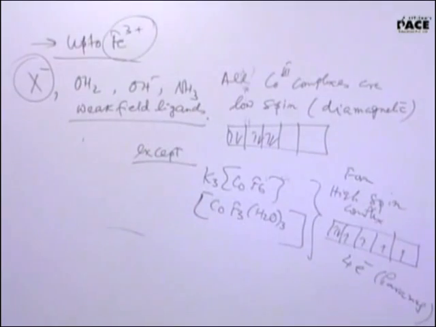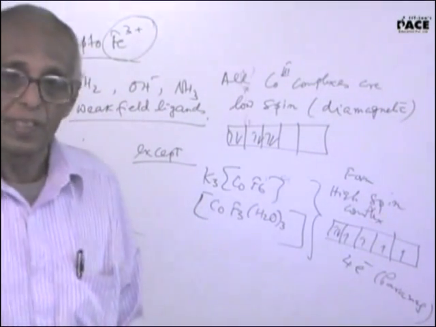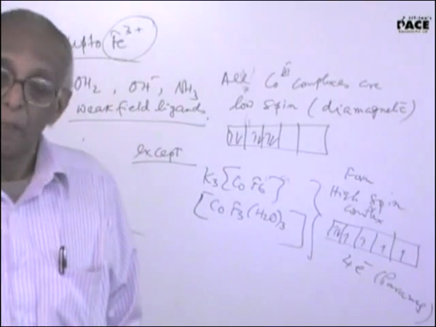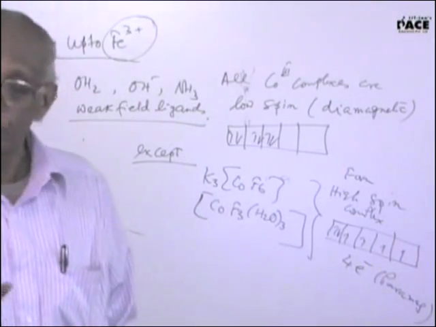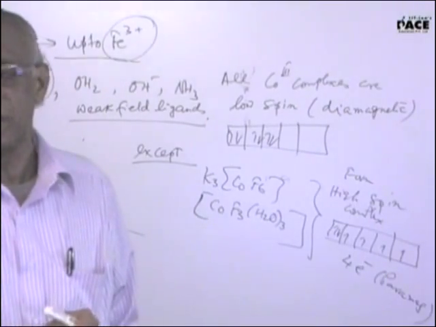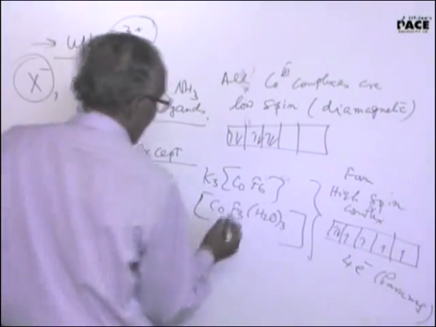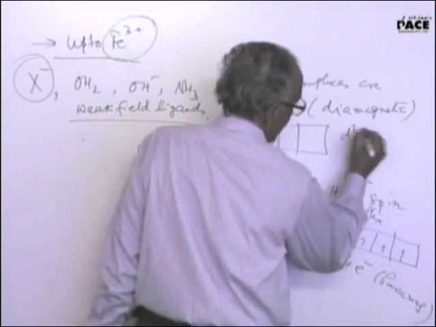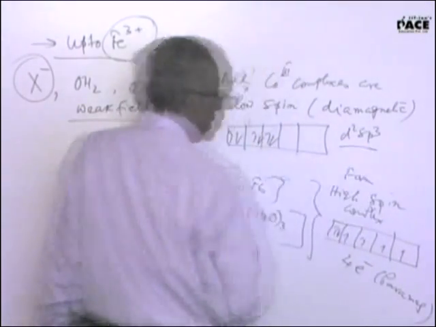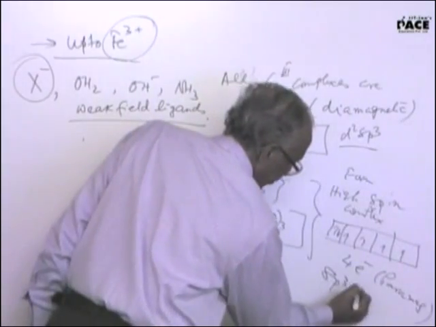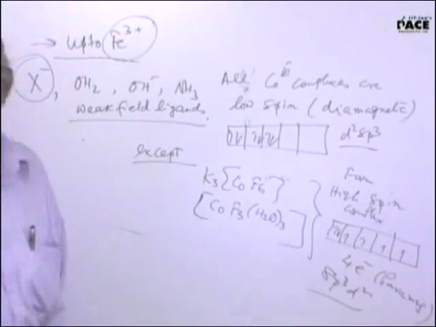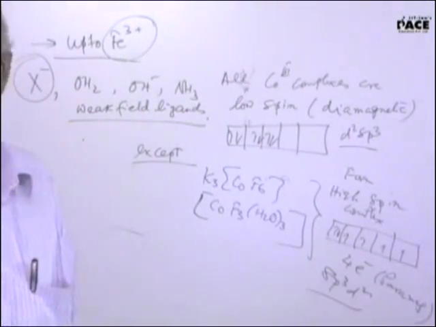That means they don't have any unpaired electrons. They are diamagnetic, because all 6 electrons have been provided pairing energy, so they paired in 3 orbitals. In this case, it will be d2sp3. In this case, it will be sp3d. Is it clear to you now?